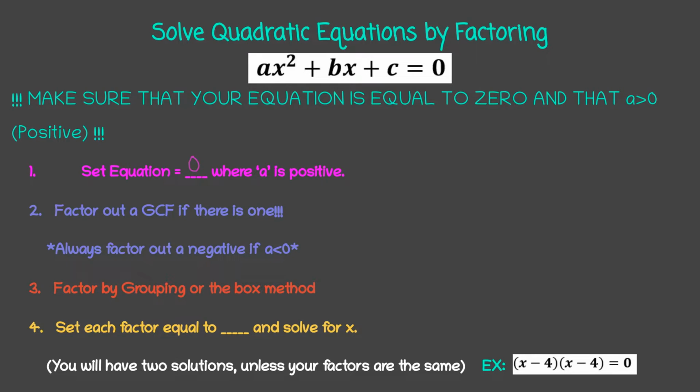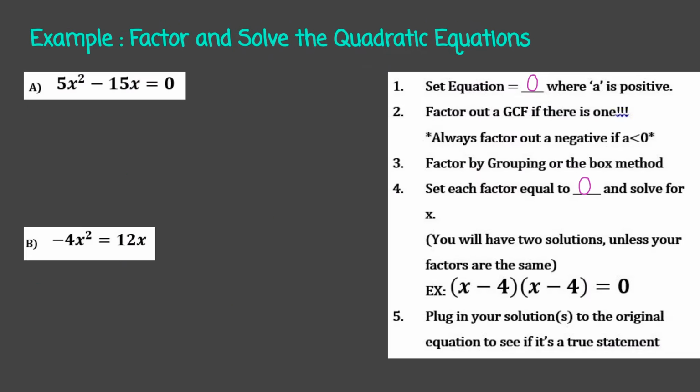Then you will set each factor equal to 0 and solve for x. You will have two solutions unless your factors are the same, like this example, x minus 4 times x minus 4 equals 0, because when you set those equal to 0, they would come out to be the same thing. So those would only have one solution.